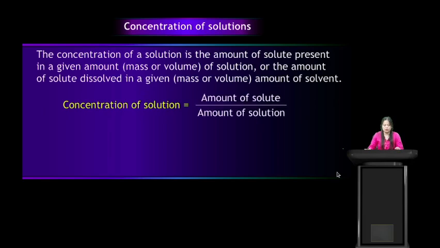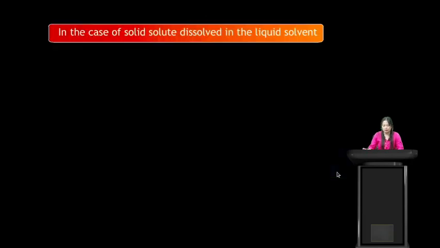So concentration of solution is equal to amount of solute divided by amount of solution, or concentration of solution is equal to amount of solute divided by amount of solvent. Okay, so by using this relation we can calculate the concentration of solutions.